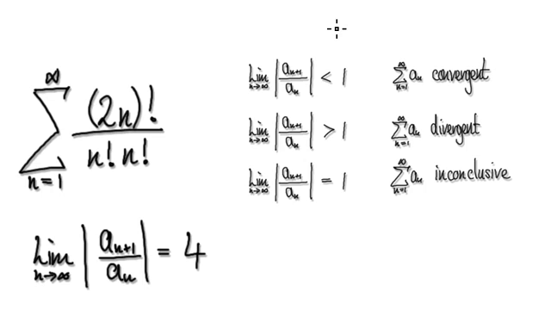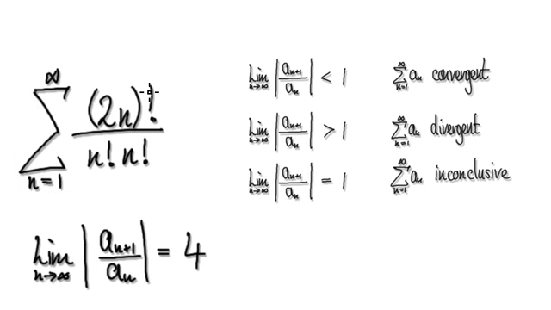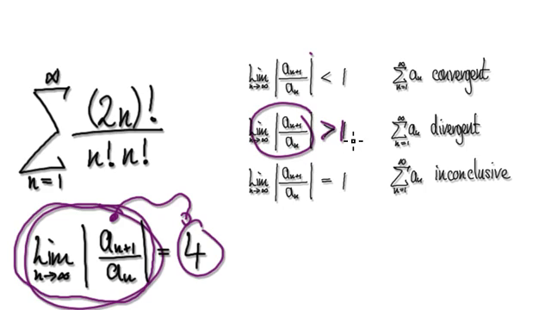Going back to the beginning, we were trying to determine if this series will converge or diverge. We would use the ratio test, and we need to know this value here. We've just worked out that this value is 4, and 4 is greater than 1.